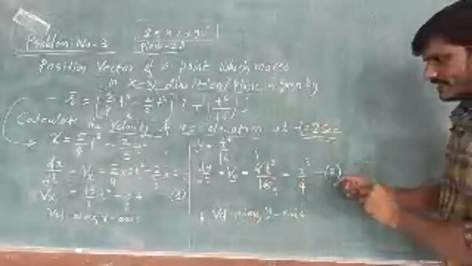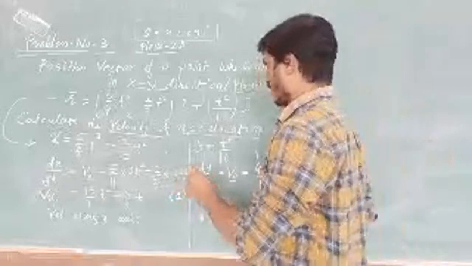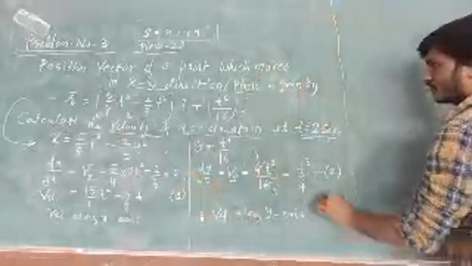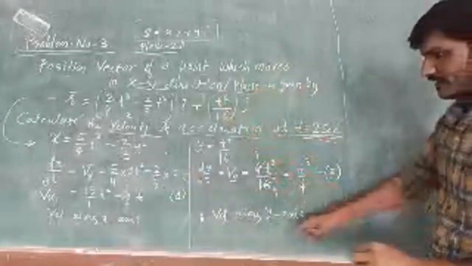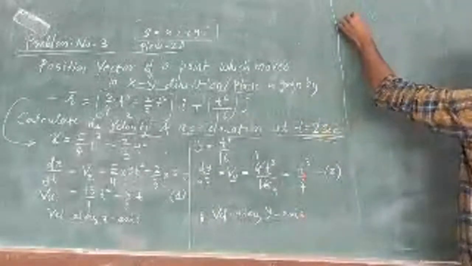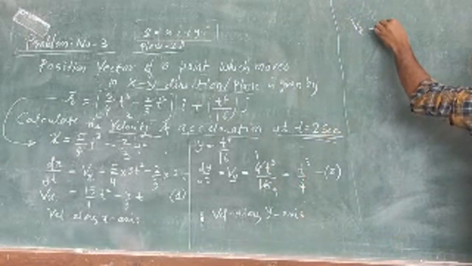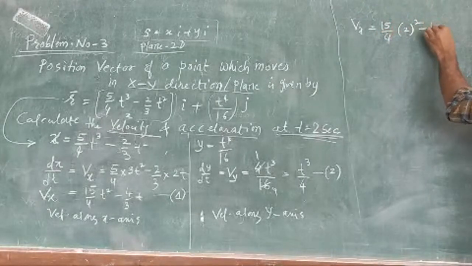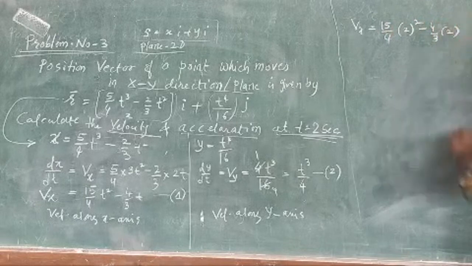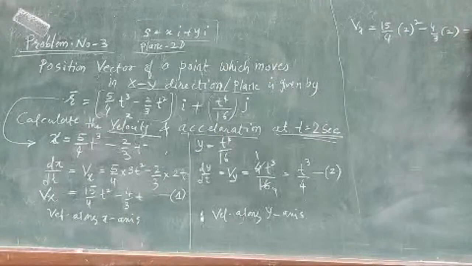Okay, so let us calculate this Vx and Vy in terms of values, when you substitute t as 2 seconds. So we will get Vx, and Vy we will obtain. Where 15 by 4, t is 2 square, minus 4 by 3 and 2 is again into 2. So it will be 15 by 4 into 4 minus 8 by 3.